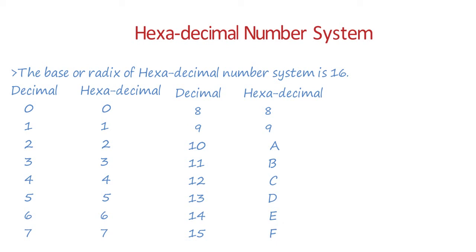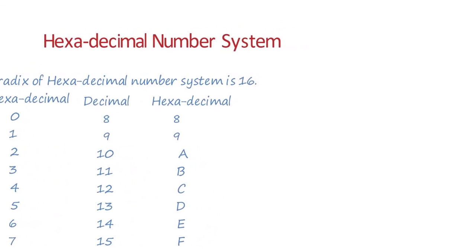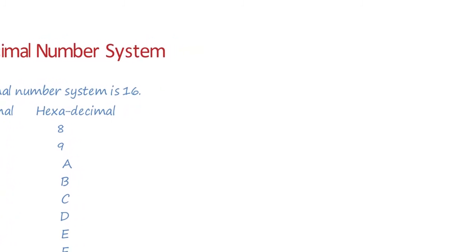As part of this, the hexadecimal point is similar to a decimal point. The left side of the hexadecimal point is called the integer part and the right hand side of the hexadecimal point is called the fractional part. In the hexadecimal number system, the successive positions to the left of the hexadecimal point have weights of 16 raised to 0, 16 raised to 1, 16 raised to 2, and 16 raised to 3, and so on.